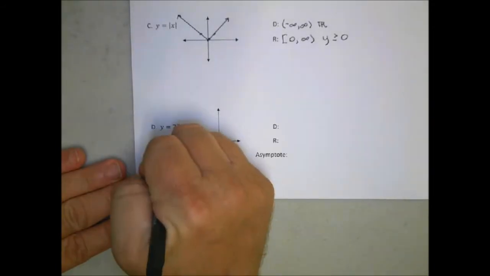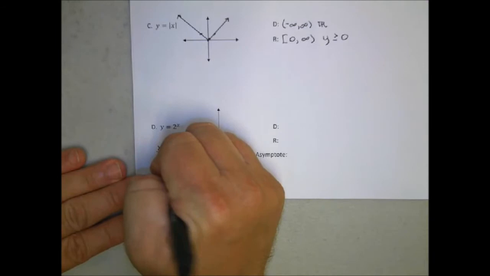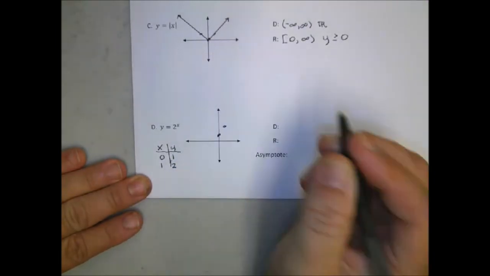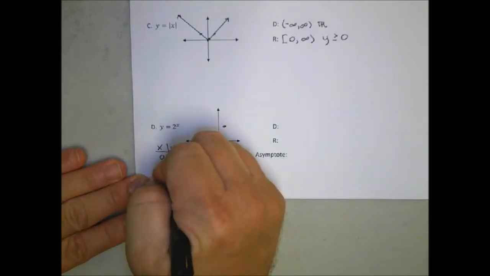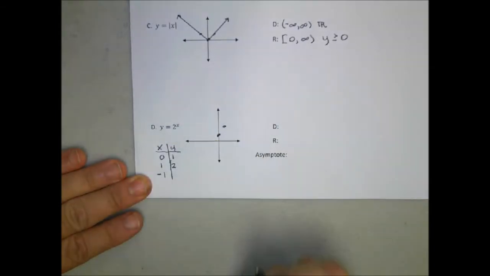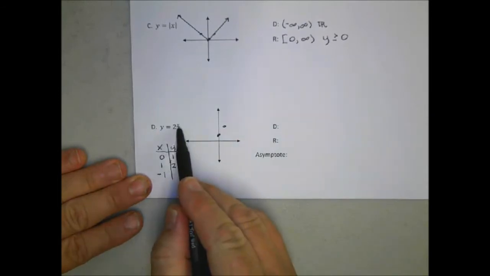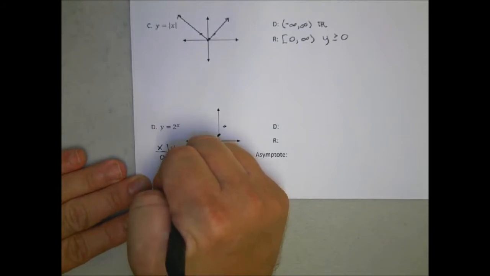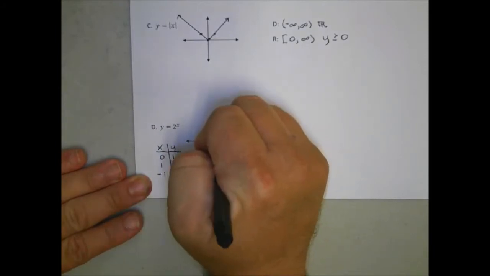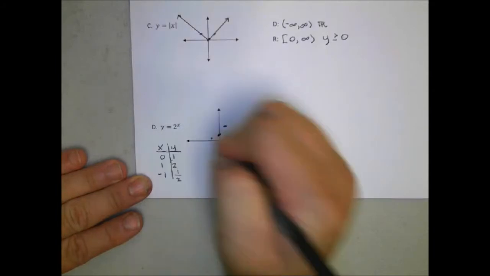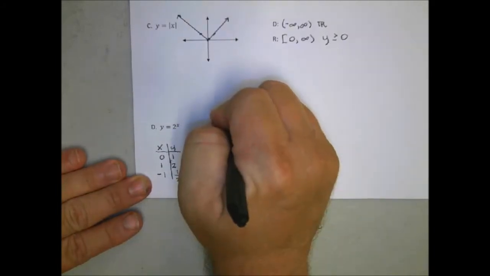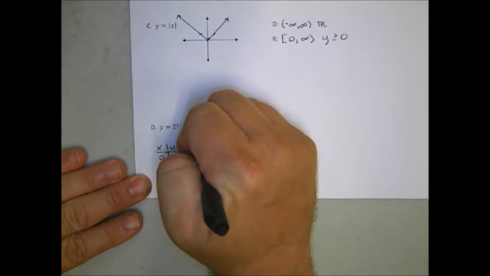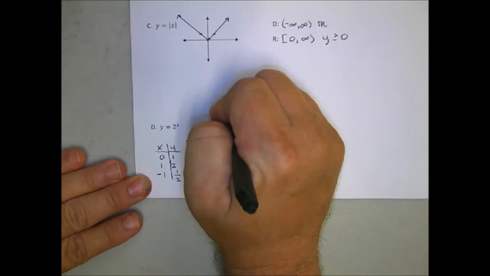Now when x equals 1, y equals 2. So 1, 2. Now the interesting thing is, how about the negative? So when x equals negative 1, 2 to the negative 1 is 1/2. So negative 1, 1/2 would be about right there. So the characteristics of this graph is the fact that it's growing on the right-hand side exponentially.